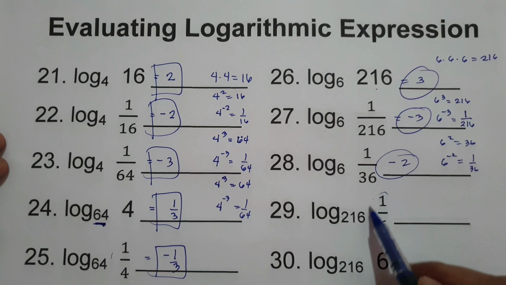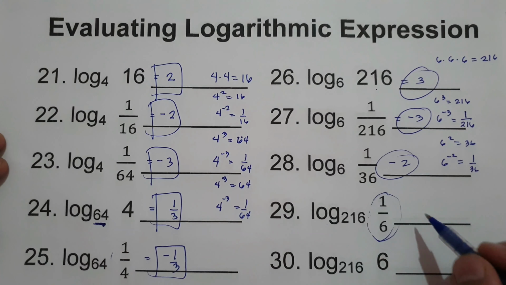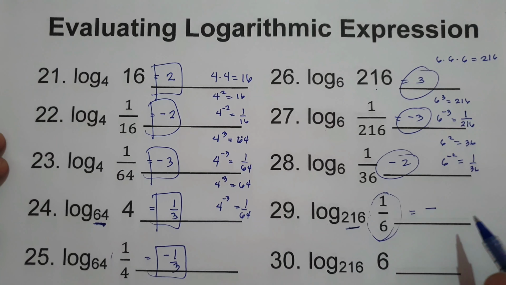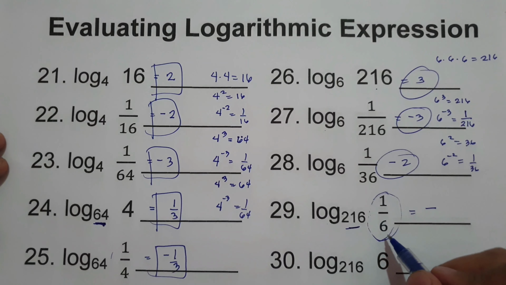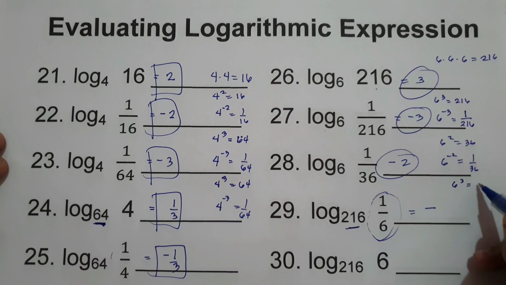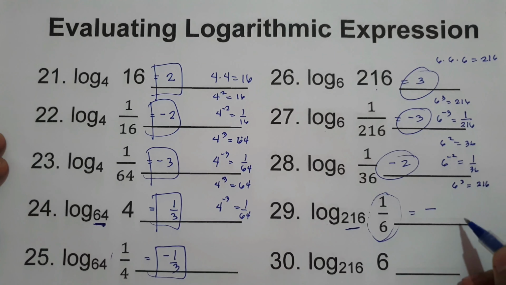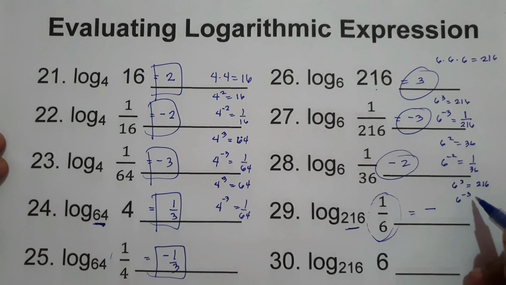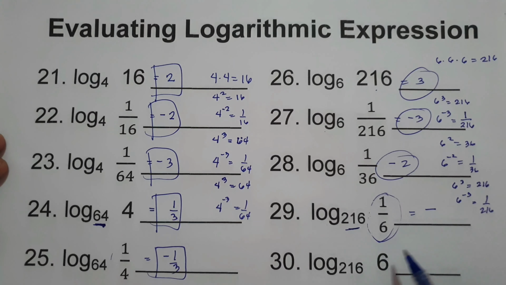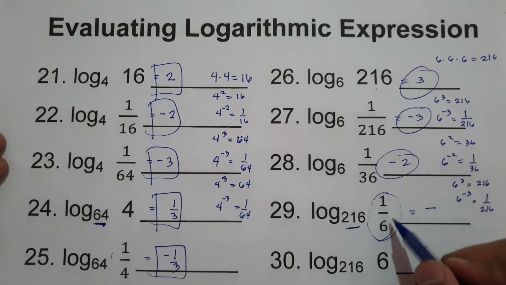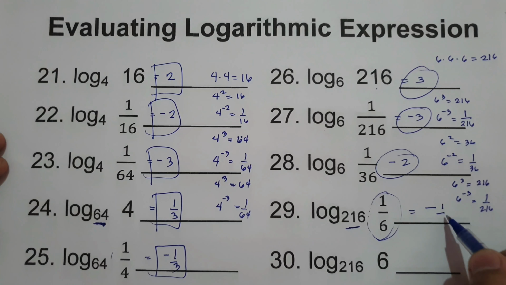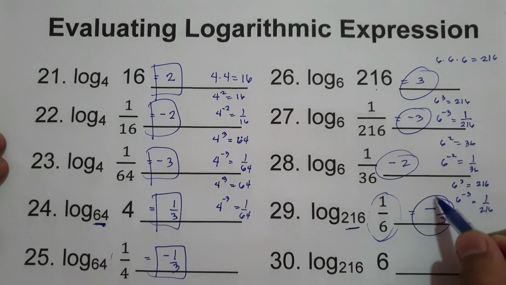We have a fractional log, therefore the result is negative, and the base is larger, so we're going to have the reciprocal of this one. So 6 raised to 3 is 216. 6 raised to negative 3 is 1 over 216. So therefore, log 1 over 6 to the base 216 is negative 1 over 3.